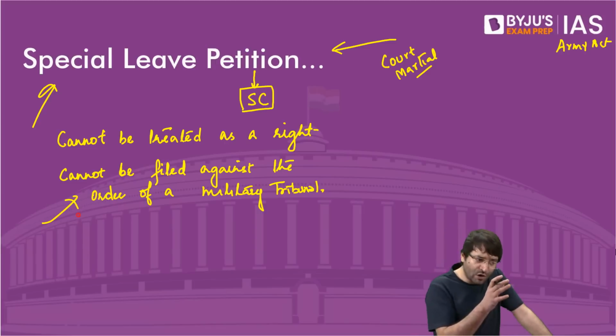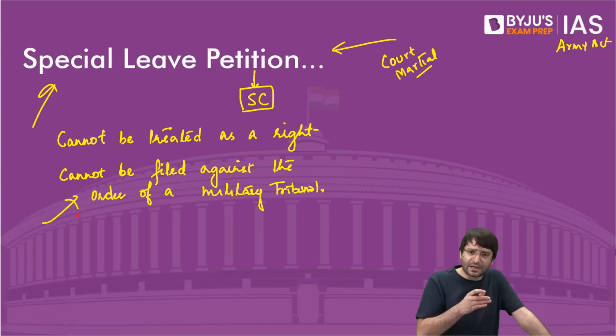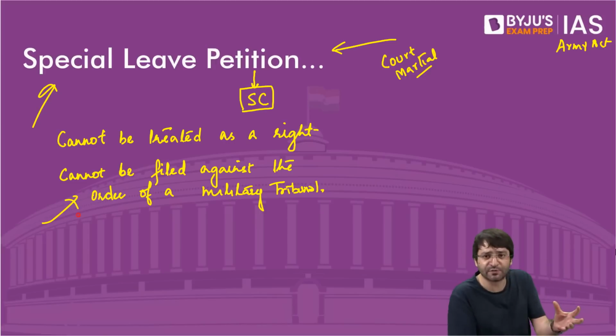So one more jurisdiction that the Supreme Court has is that it can hear appeals against those cases heard by the High Court. And on all those cases, we say the Supreme Court has the appellate jurisdiction. That means the Supreme Court has the power to hear appeals against the judgments, verdicts given by the High Court, provided the certificate is provided.